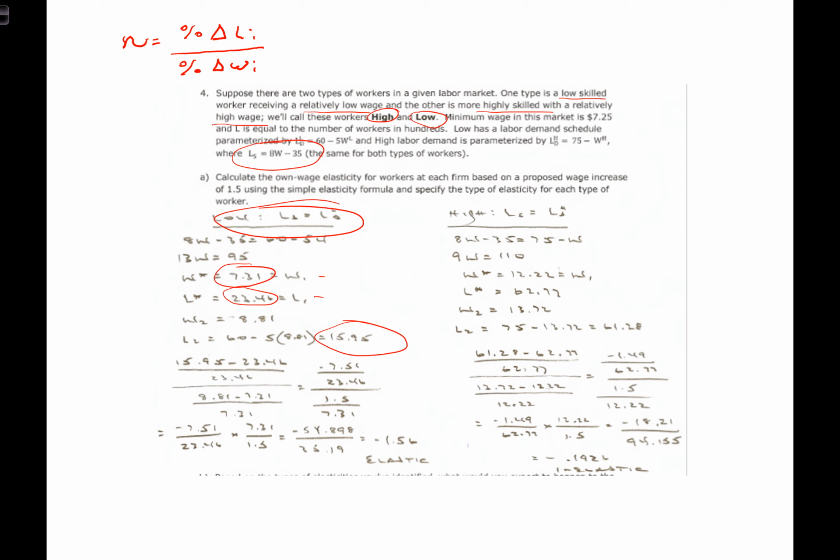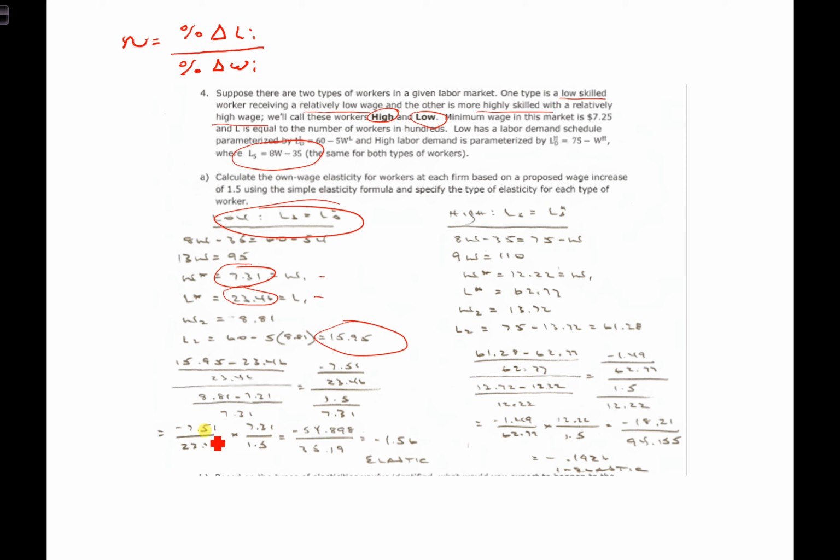So we're taking the percent change, which is L2 minus L1 divided by L1, divided by W2 minus W1 divided by W1, which is going to give us negative 7.51 divided by 23.46. And then that divided by 1.5, that was the change, of course, in wage that we told you, divided by 7.31, the original wage level.